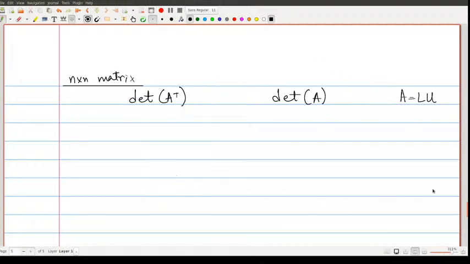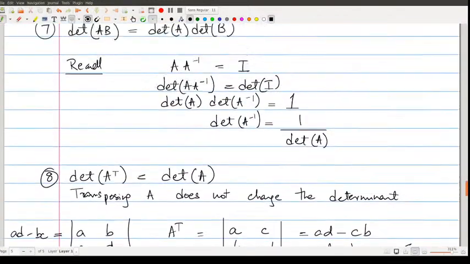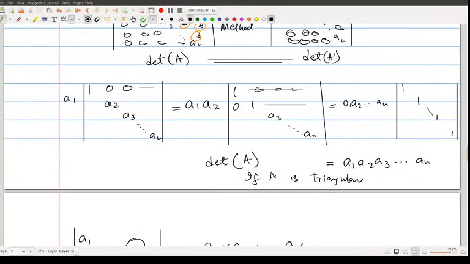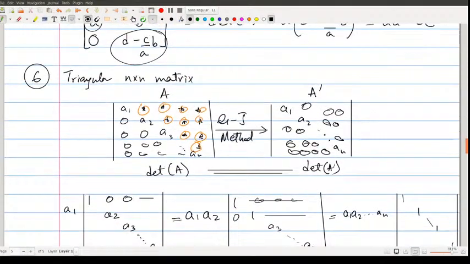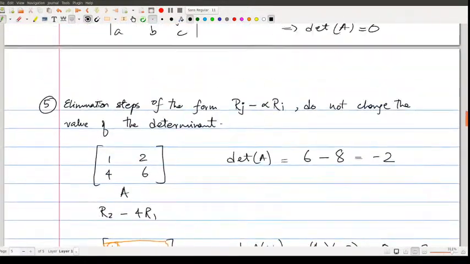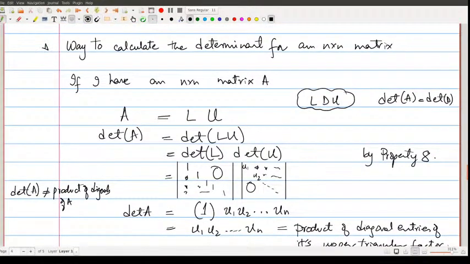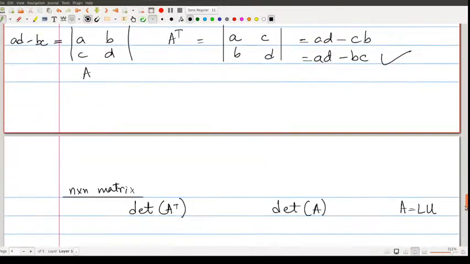Again, we're going to use the trick that we've learned for computing the determinant. This is really important, because this is the only way that I've given you to find the determinant of an n by n matrix, and we're going to use this property.